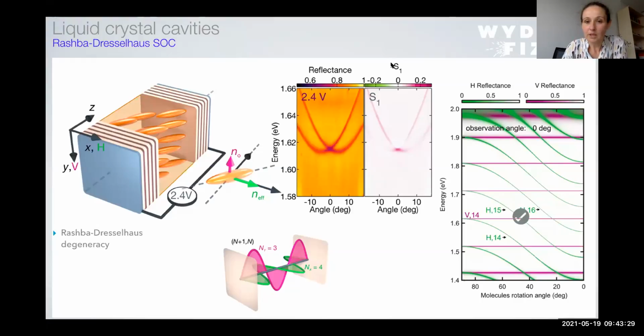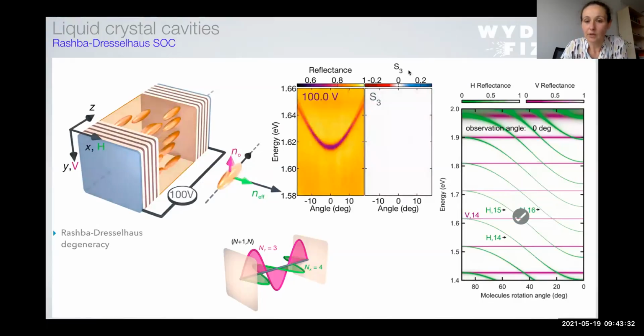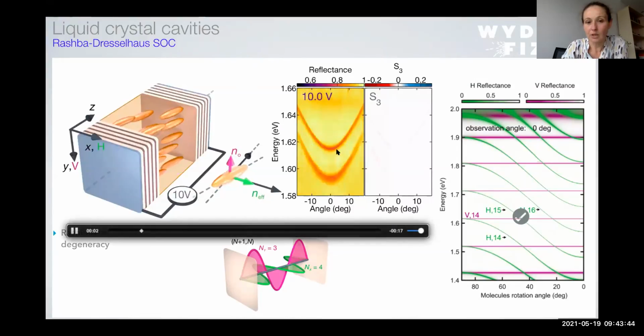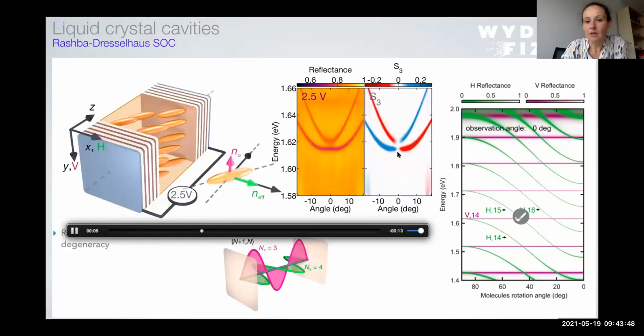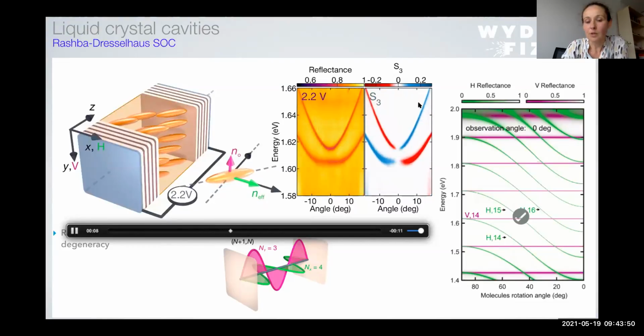what we did is we plotted the S3. So now I will show you once more the movie in the whole range of the tuning parameters, but for the S3 component. So now let's rotate the molecule. You see that the modes do shift, but only in exact resonance are the modes purely circularly polarized.